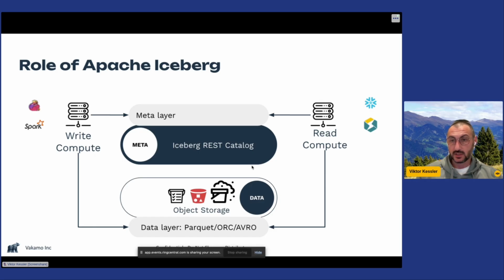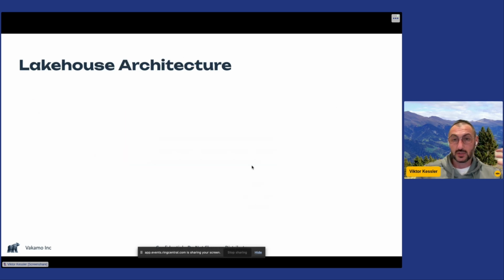And your data is not locked to anything, because you can use Spark, Flink, and Python, or something proprietary like Snowflake, or you can use StarRocks. StarRocks is quite interesting in that space, because the innovation I saw on the StarRocks side in the last couple of months was very interesting towards the lakehouse.